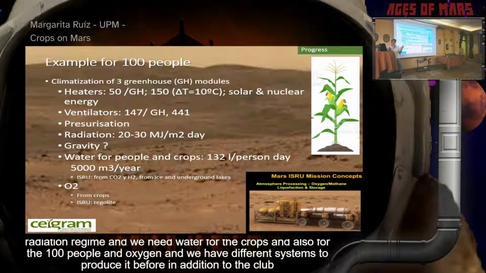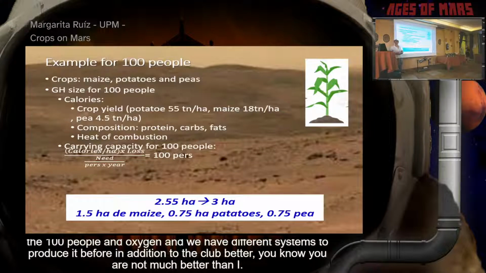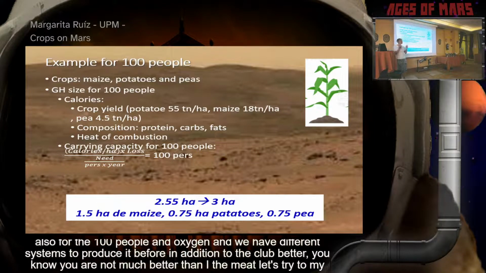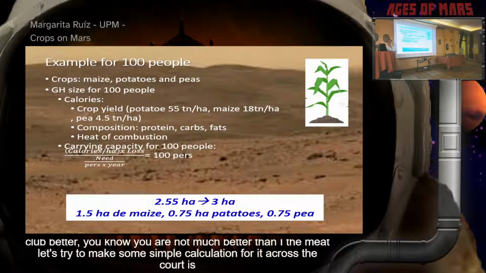Probably you all know much better than me. Let's try to make some simple calculation for a cropping system based on maize, potatoes, and peas.